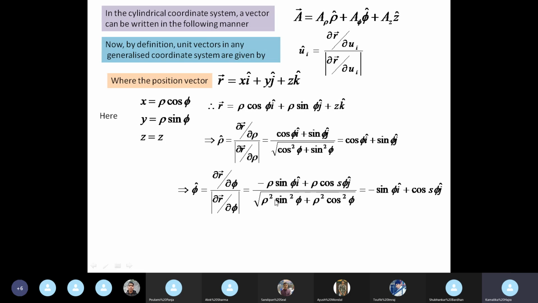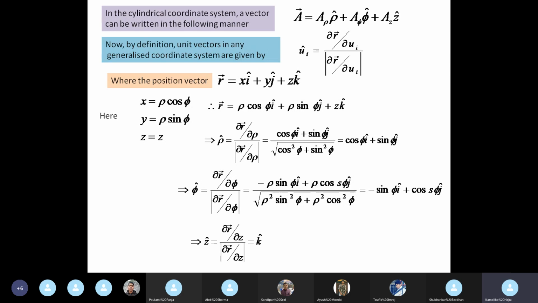If you take this rho square outside the root, then it will cancel out with the rho of the numerator. So inside will remain sine square phi plus cos square phi, which is 1. So phi cap is equal to minus sine phi i cap plus cos phi j cap.